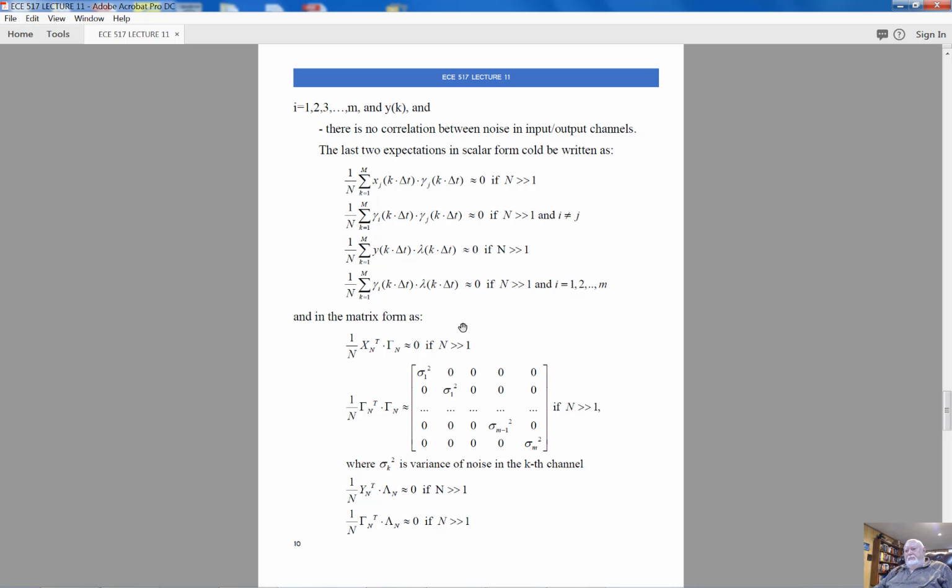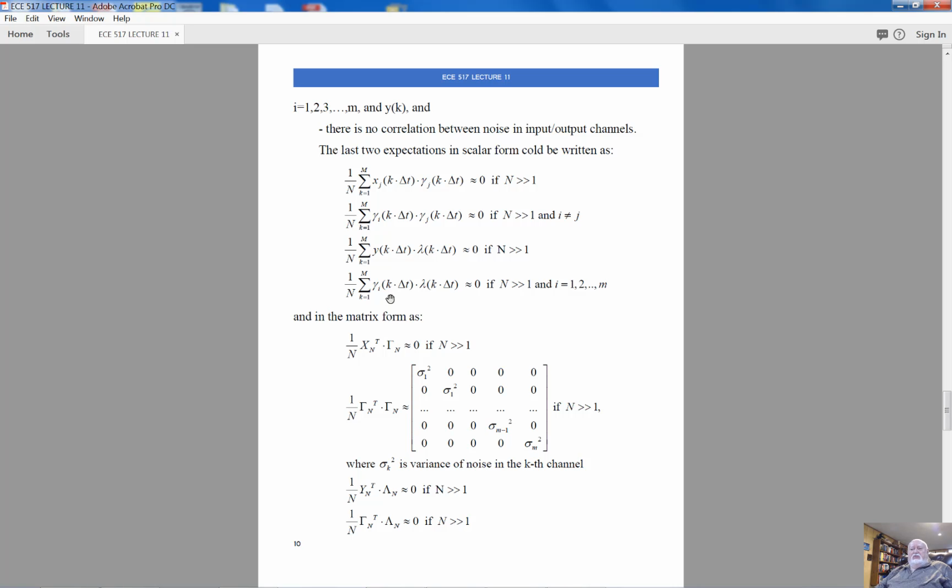And finally, if I consider noise in any of the components of the input vector and noise in the output, they are uncorrelated, and therefore this product is zero, providing again that the number of measurements is high, and it will work for every input channel I equal 1, 2, 3, and n.